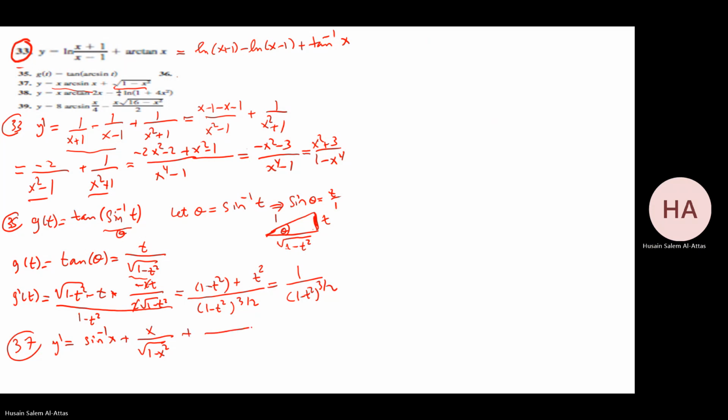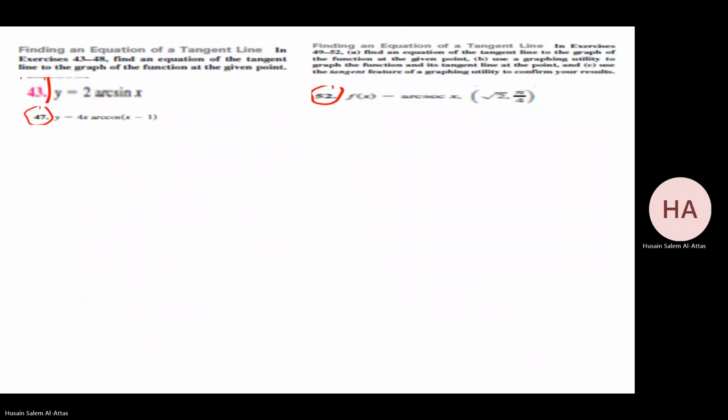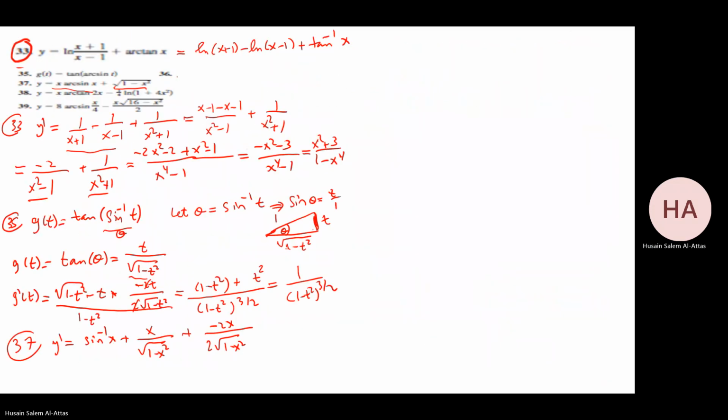Plus, I have 2 root 1 minus x squared times minus 2x. And this is cancelled. Notice this is the same as this with the minus sign. So that will be sine inverse of x. Okay, that is 37.